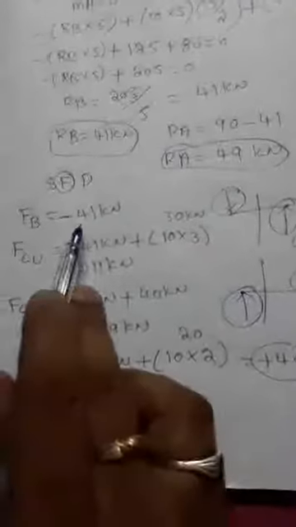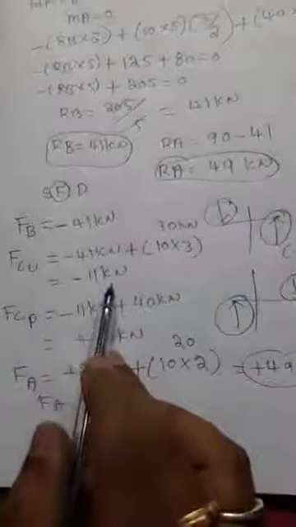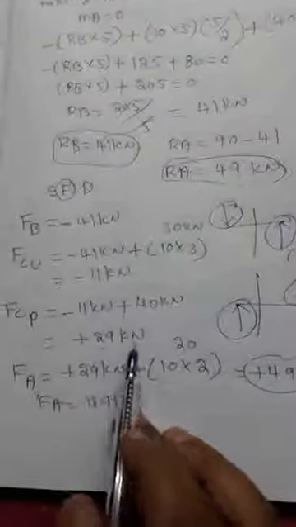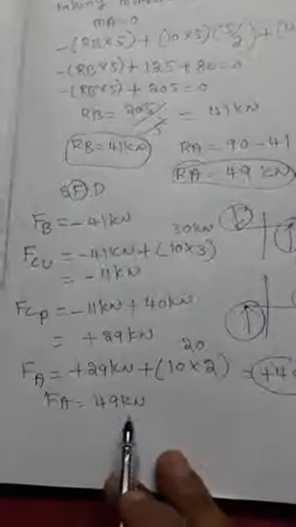How to calculate the maximum shear force? The maximum value from these values is the maximum shear force. Sorry, minus 41 and 11 kilonewtons are negative, and these two values, 29 and 49, are positive. So 49 kilonewtons is the maximum value from these values.